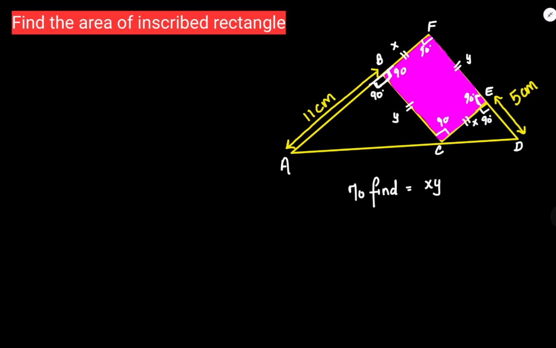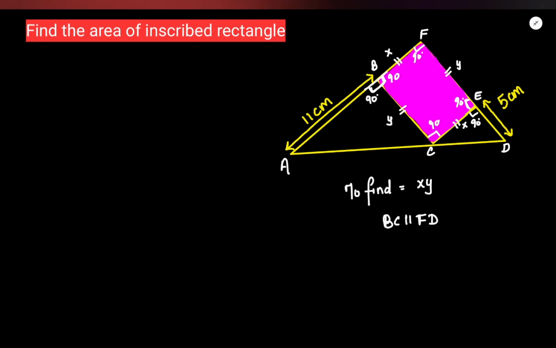Now let us carefully look at this rectangle. BC is parallel to DF. Instead of DF you can write FD as well. BC is parallel to FD.